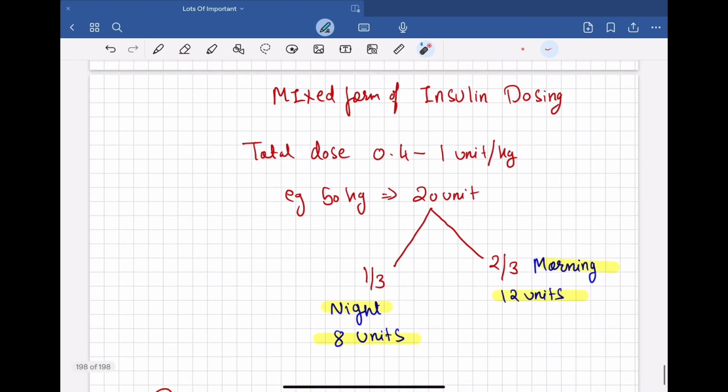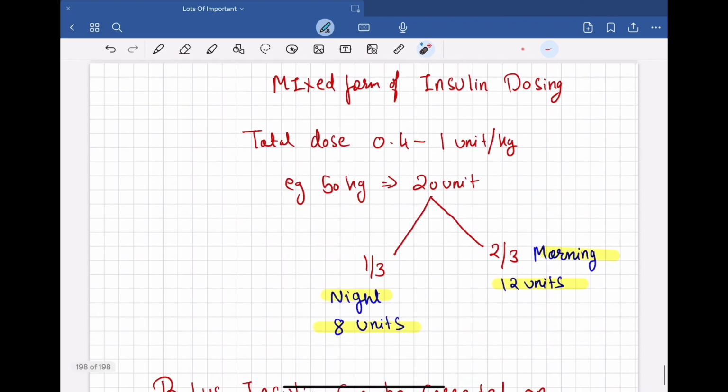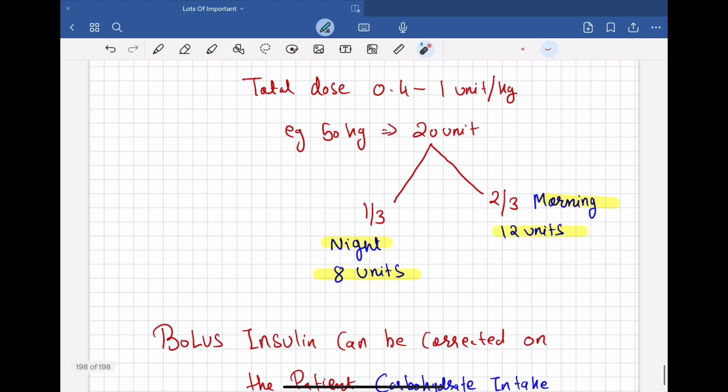Now the dosing of the mixed form of insulin, which is human mixed-ARD, is different from the basal bolus regimen. How you will do it is that the total dose you will calculate by the same formula. If the patient is weighing 50 kg, the total dose will be 20 units if you take the 0.4 value.